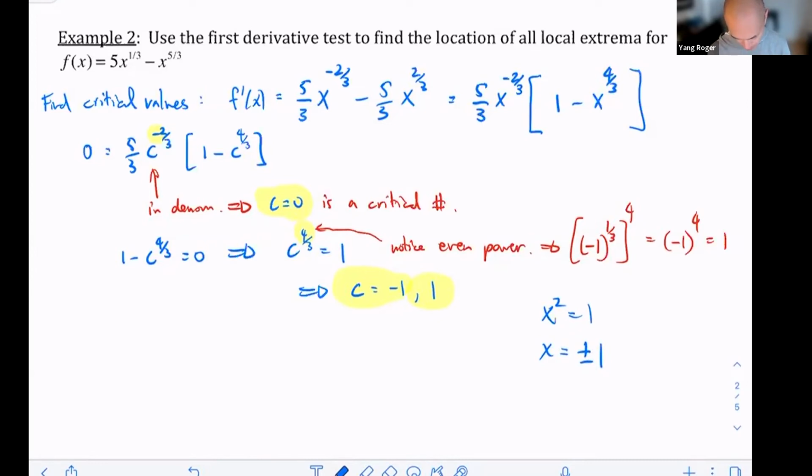The way that I'm thinking of it is, I know that -1 to the 1/3 power is still -1. And then if I raise it to the fourth power, I still get 1. That means -1 is also a solution to this equation.